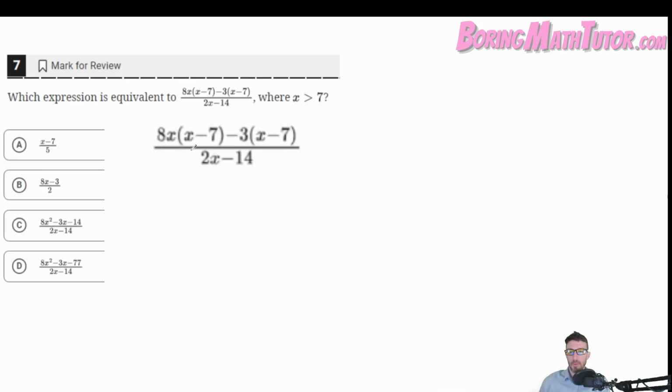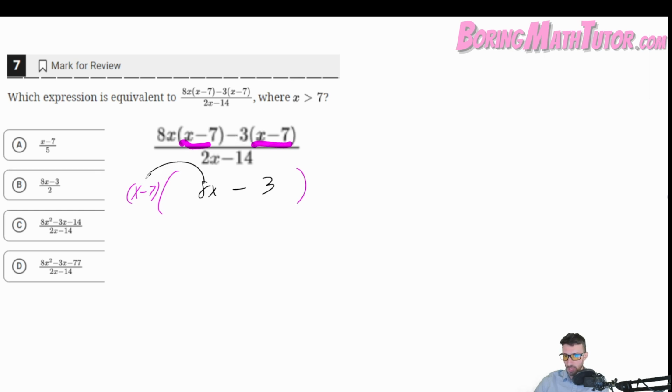All right, we got to simplify this fraction, but the easiest way to get this one done is to notice that x minus 7 can be factored out of the top, where if you take it out of the first thing, you'd have an 8x, and if you take it out of the second thing, you would need to put minus 3. So you can double check yourself.